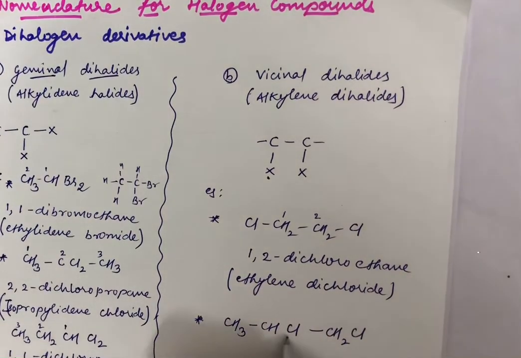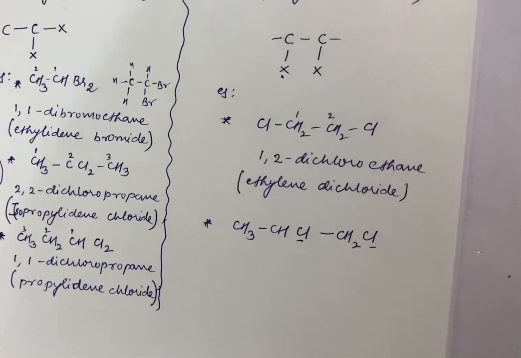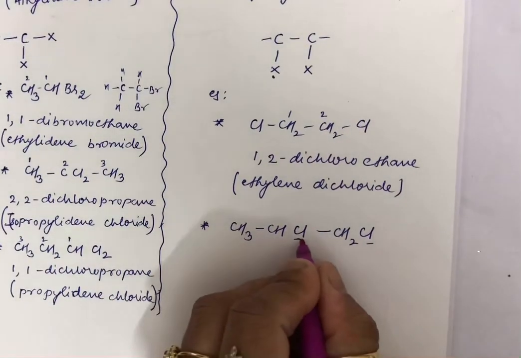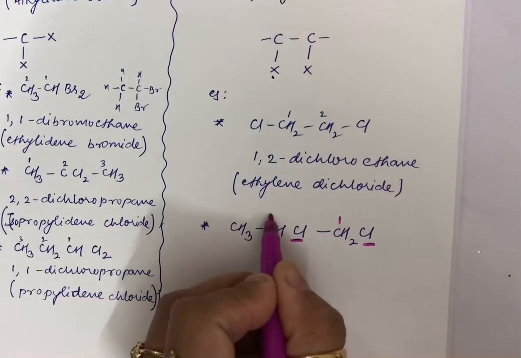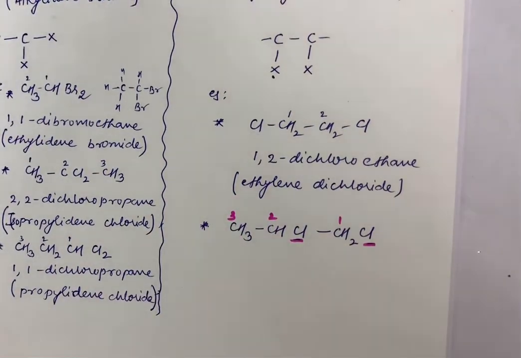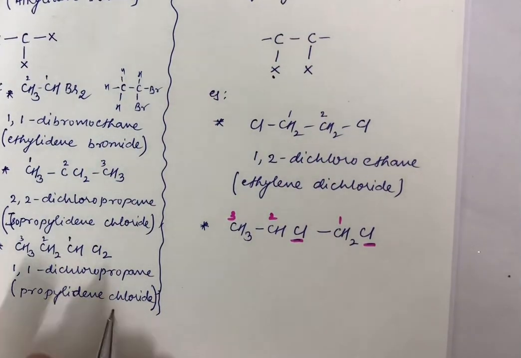So you can see that here the Cl and Cl are attached to your adjacent carbons. This is the first, second and third carbon. So now in this context, students, let us try to name this IUPAC way.